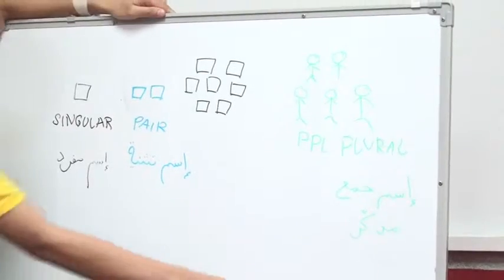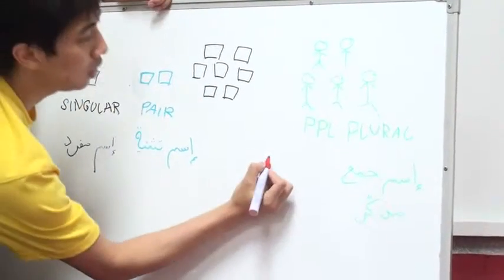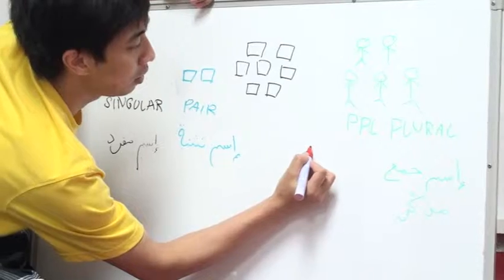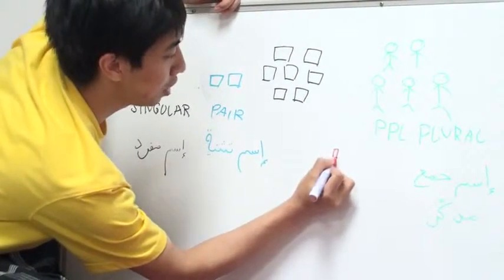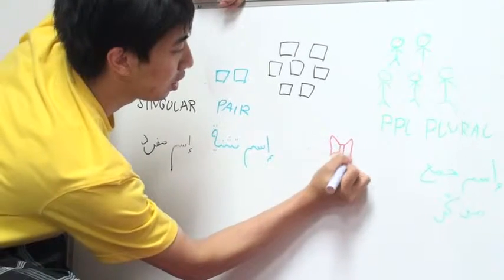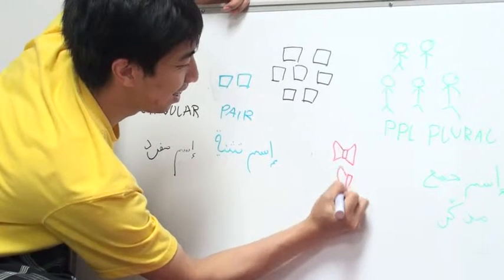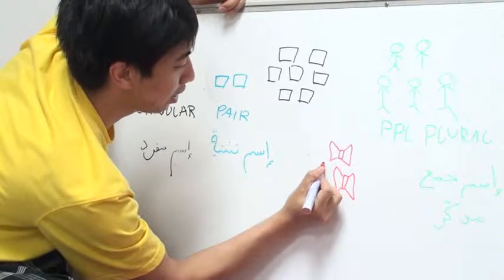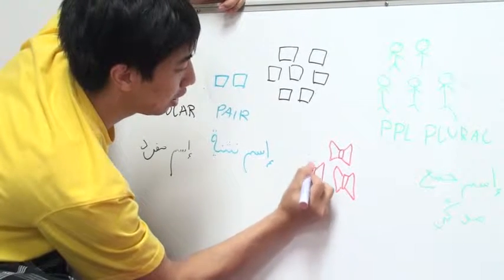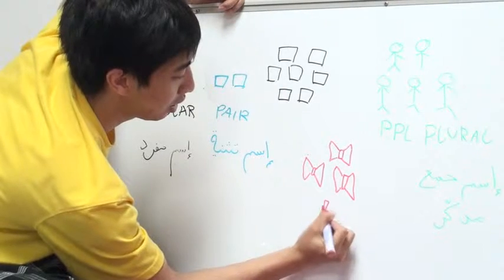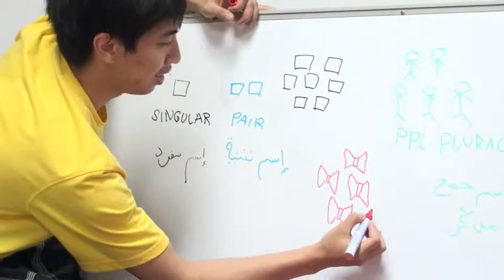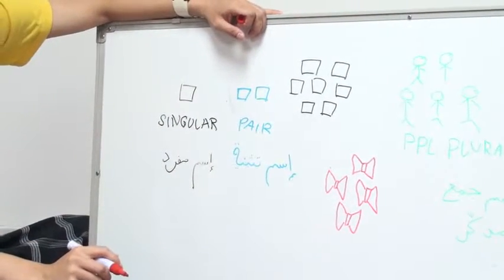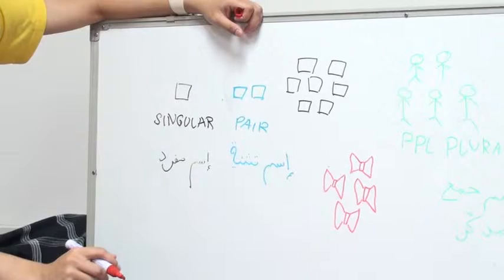And then another category is feminine. How to draw feminine? Okay, let's make a ribbon. Is it obvious?